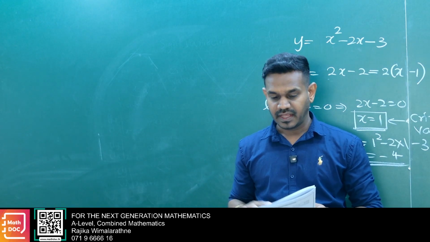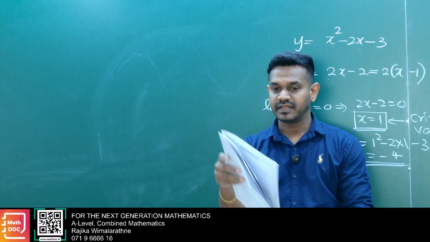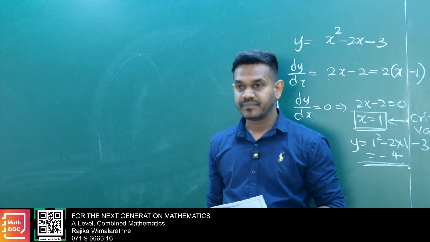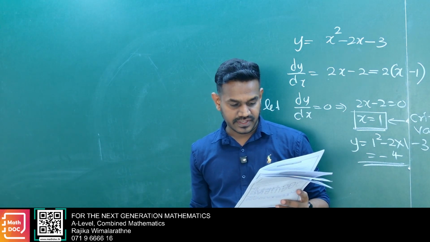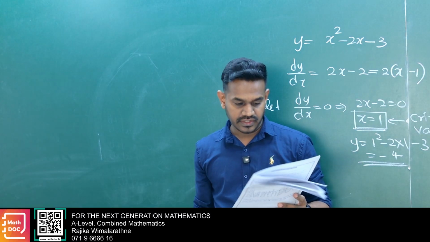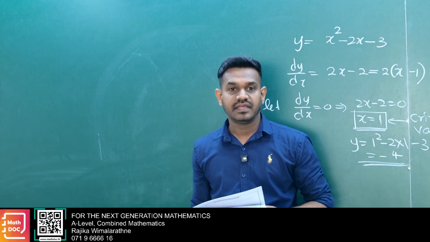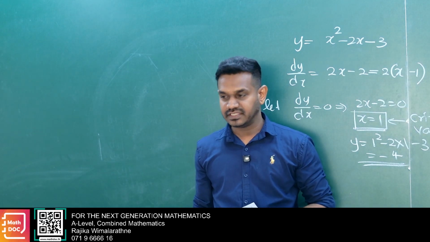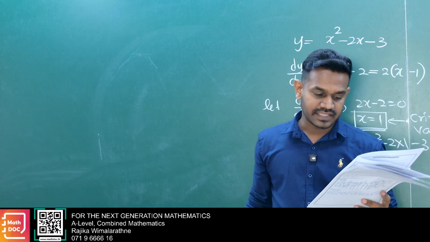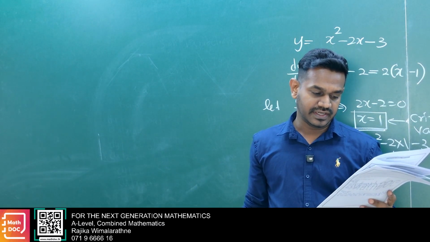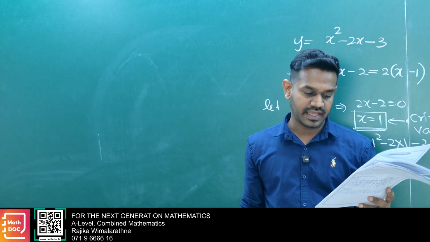That's it. Now just read the 2023 part B. Analyze it. It is required to build a fence along the diagonal of a rectangular region of area K square meters. The area is given, so it is fixed. Then one side is given as X. You have to show that L squared equals X squared plus K squared over X squared.